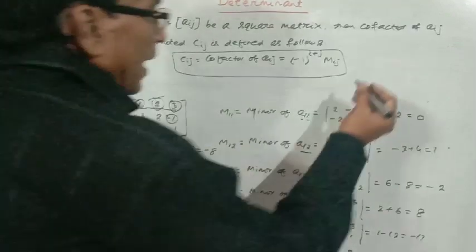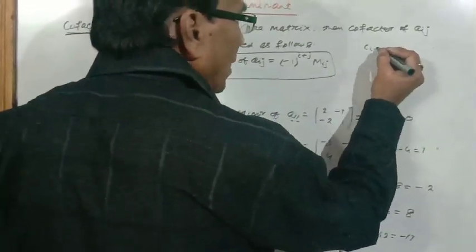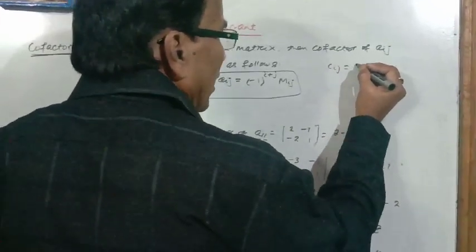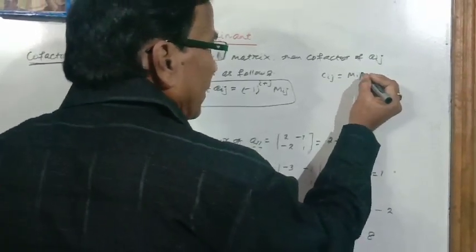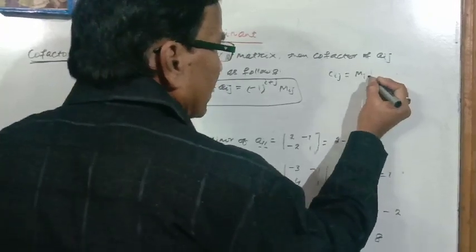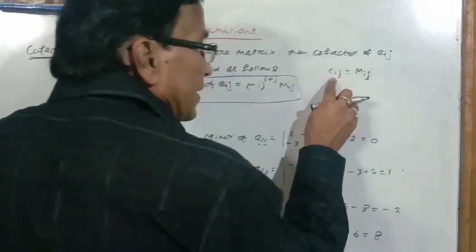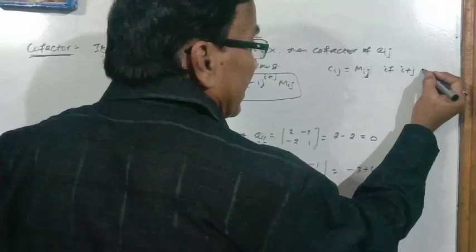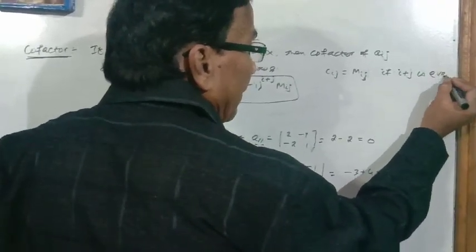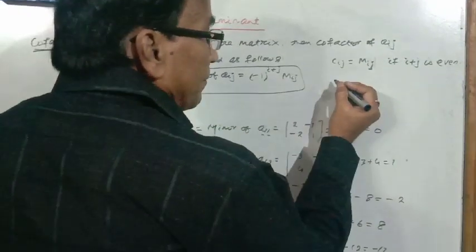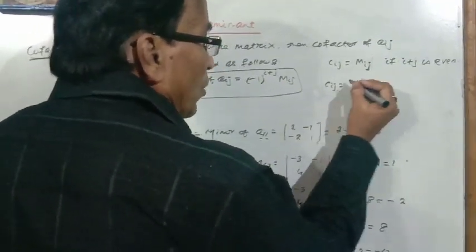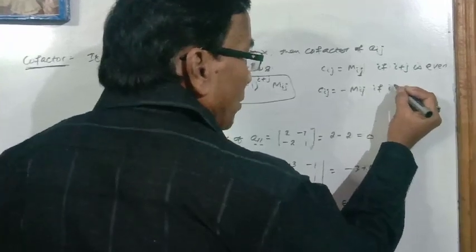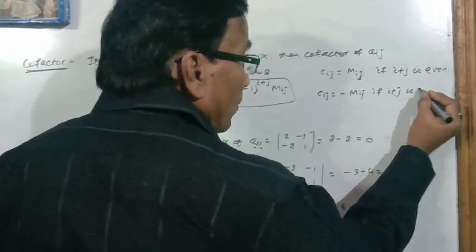Now here you see that Cij is equal to Mij when i plus j is even, and Cij is equal to minus of Mij if i plus j is odd.